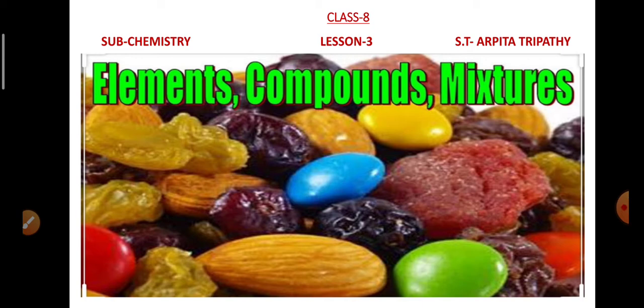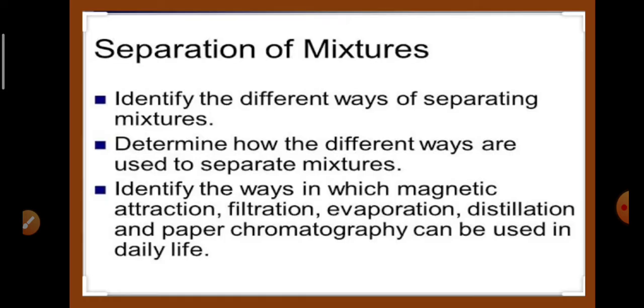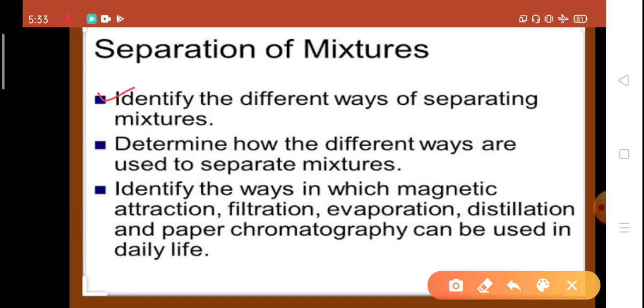Today we are going to deal with the second part of the chapter. In this, we'll read about the separation of mixtures, its need, and the various separating techniques in which we can separate the mixtures. Separation of mixtures. In this, we can identify the different ways of separating mixtures.